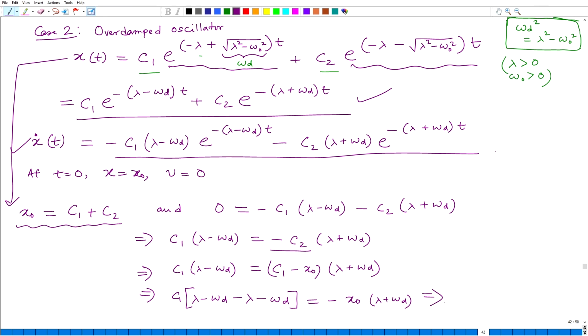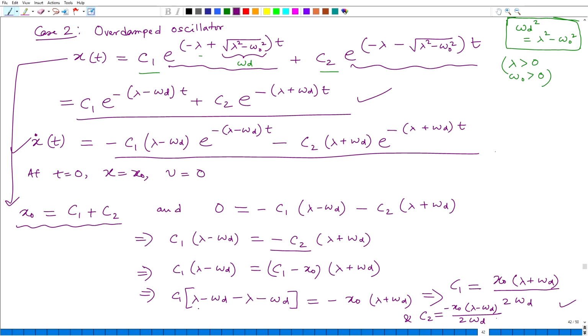And finally, if you do it correctly, you will have C1 equal to x0 (lambda plus omega d), and from this side a 2 omega d will come, with a global cancellation of the minus sign. So it will be divided by 2 omega d, and you have a solution for C1. Similarly you can find C2, equal to minus x0 (lambda minus omega d) by 2 omega d.